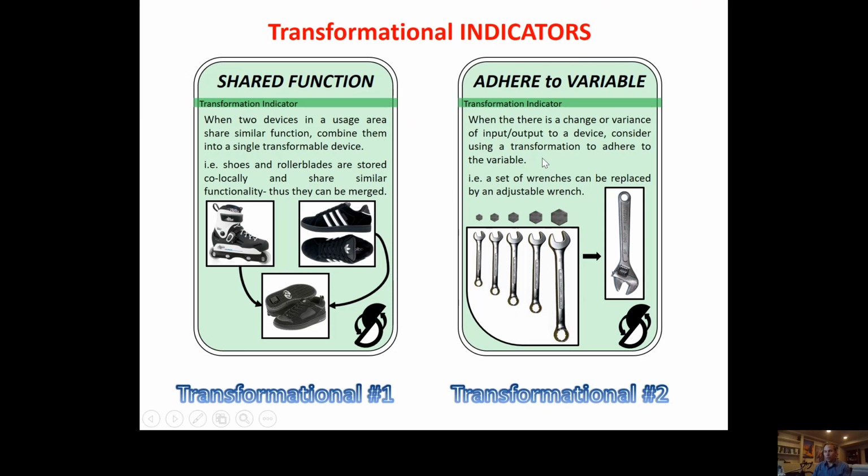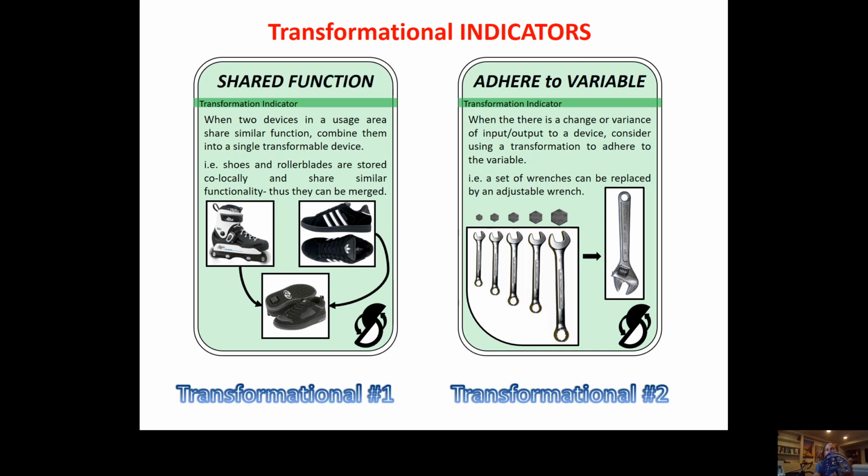Next, when something needs to adhere to a variable. That's some fancy words that may not be completely clear, but we're talking about when something needs to adjust its size. I gave you the example of the rock climbing cam. This is a perfect example of that.